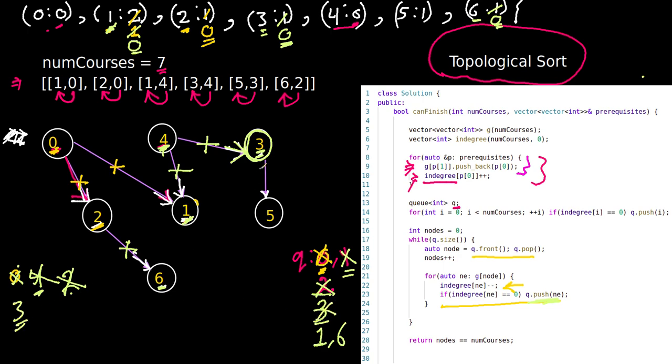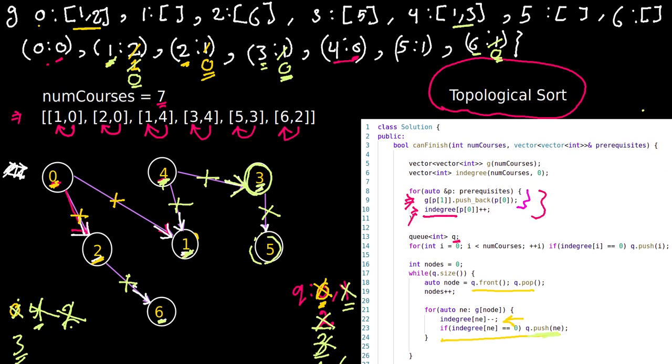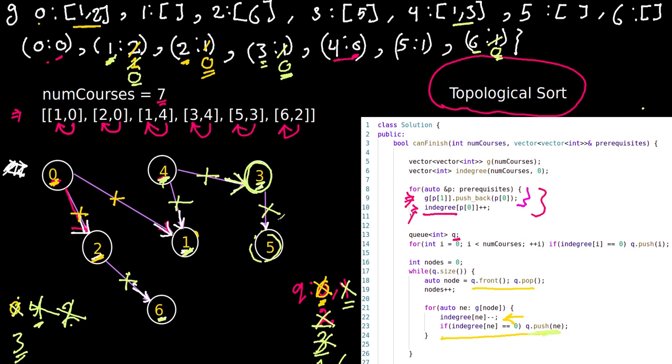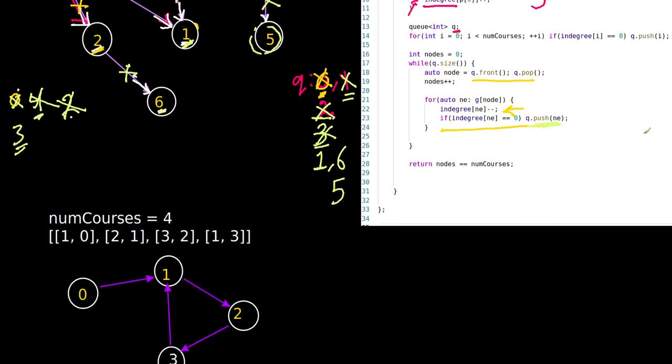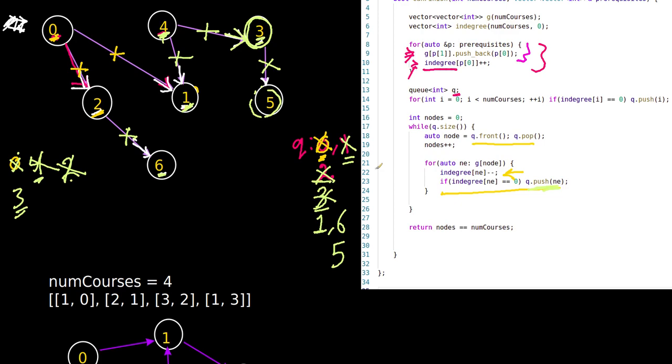Node 3 has neighbor 5, so we remove this edge and update the in-degree of node 5. 1 minus 1 is 0, so we push 5 to the queue. We are done with 3.